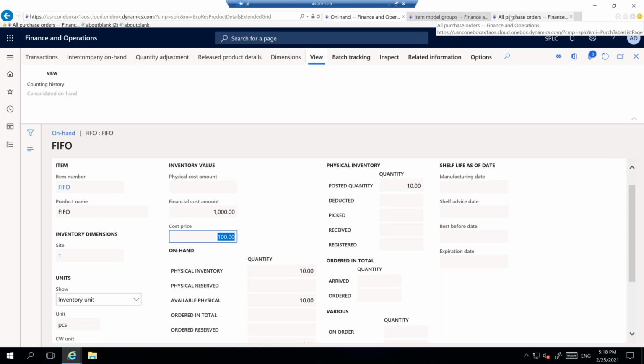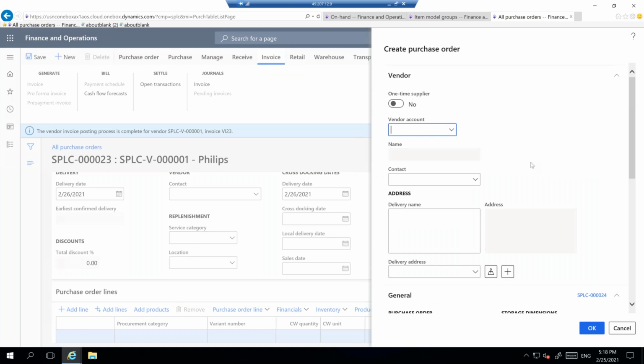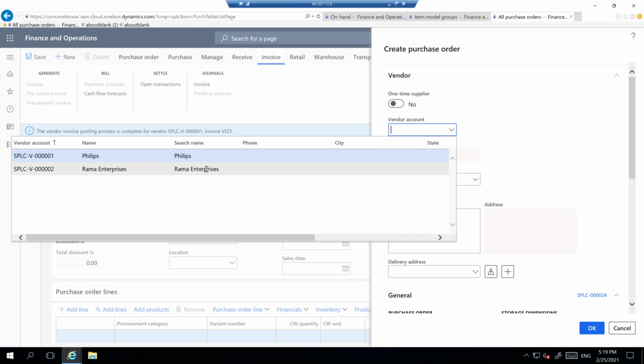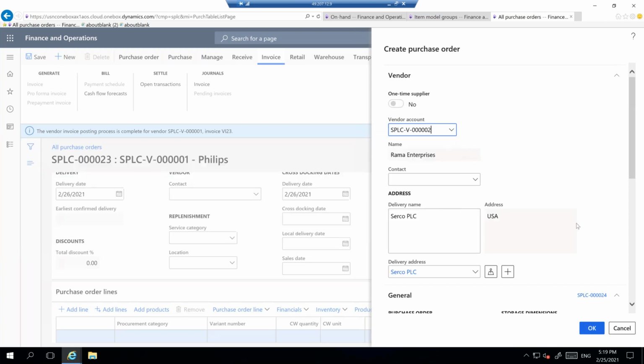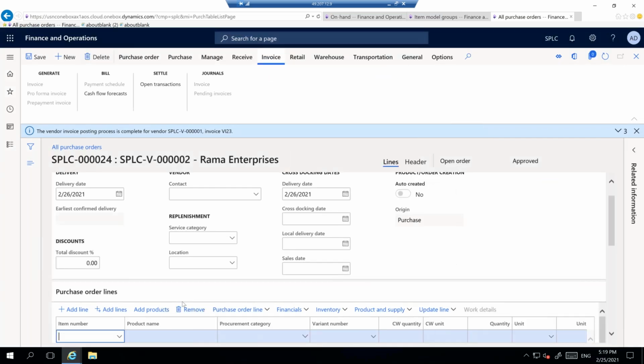Now the same process I'm doing for another purchase order at the rate of 120 price. Any vendor is fine. There are no restrictions on the vendors. I may purchase from any vendor. Ten quantity. Now I will purchase at the rate of 120.